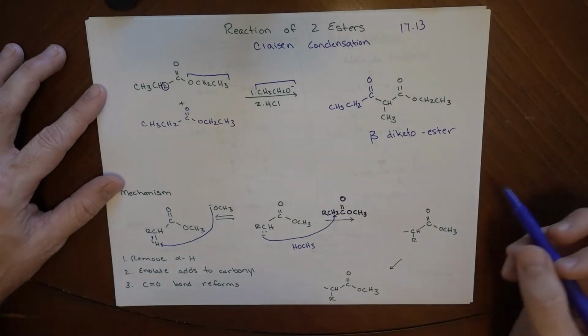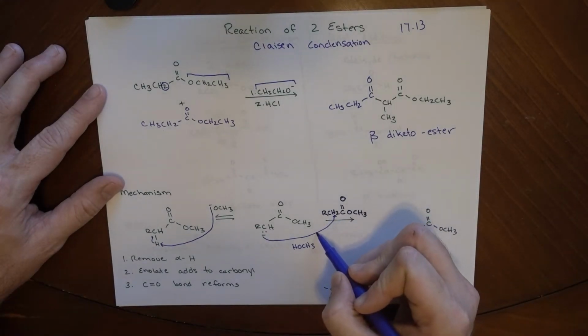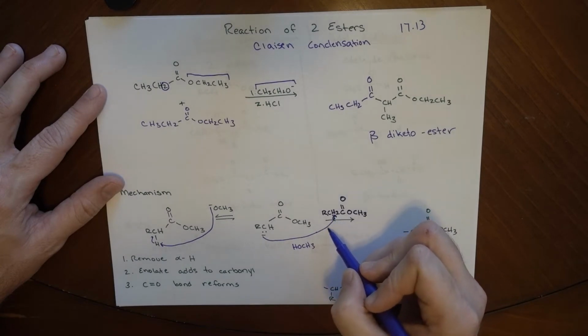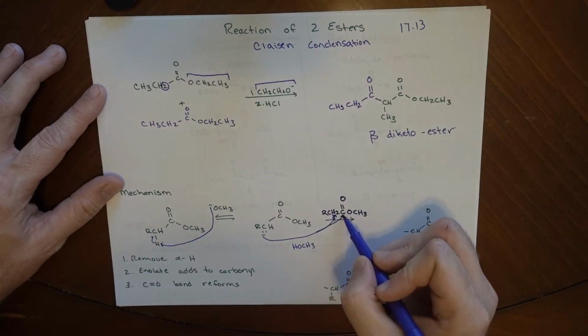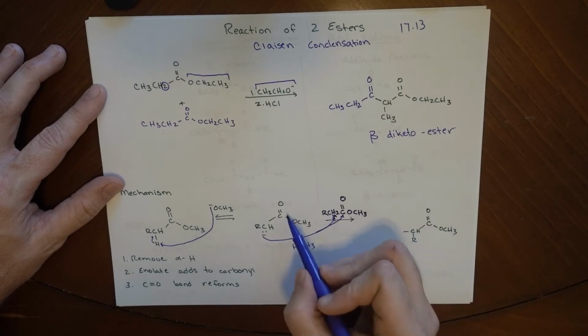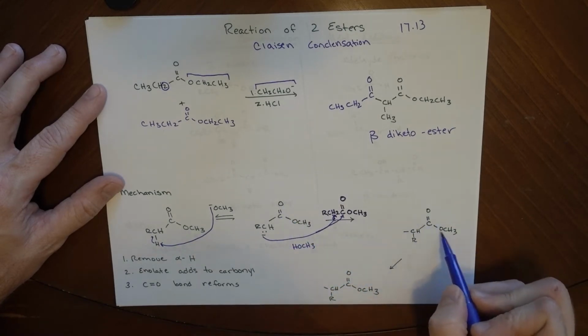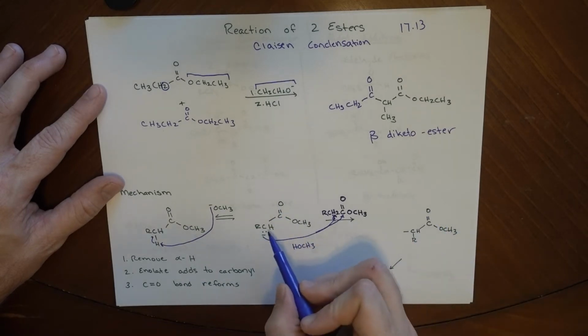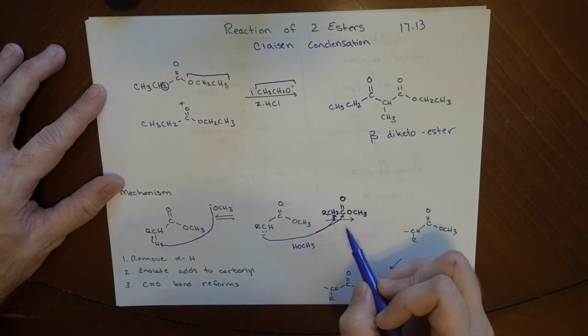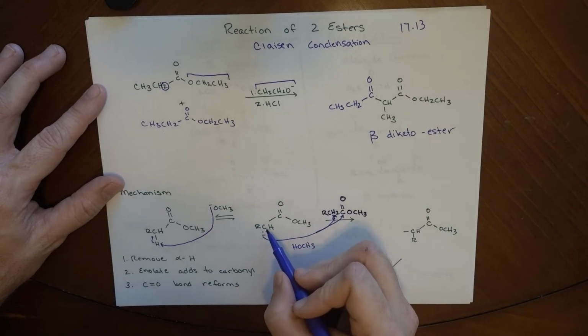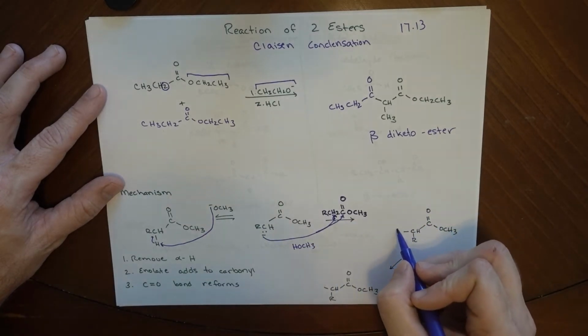No, it's not. I was wrong. My mistake. Ignore that. It ends up going to here. So this part of this molecule is this part right here. So all of this stuff is this stuff. This stuff is this stuff. Okay. So this here ends up attaching to this.